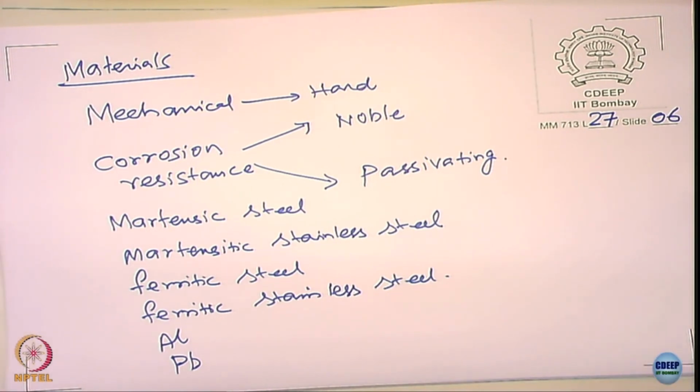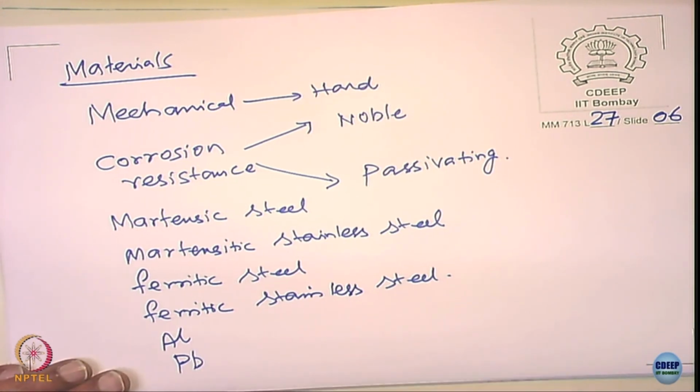Aluminum and lead, of course, if there are low velocities we have fewer problems; when velocity is increased, then it is a problem. See, this is a very interesting thing. It is not necessary that you can extrapolate to all velocities. At a normal velocity, it is possible that lead, for example in dilute sulfuric acid at static conditions, at very low flow conditions, may be good. Whereas with a high velocity, lead is softer, so it will not even withstand that.